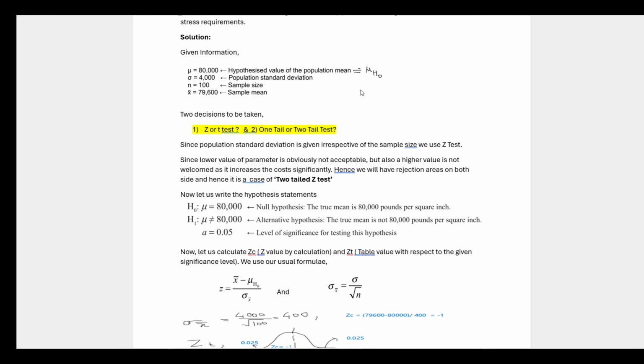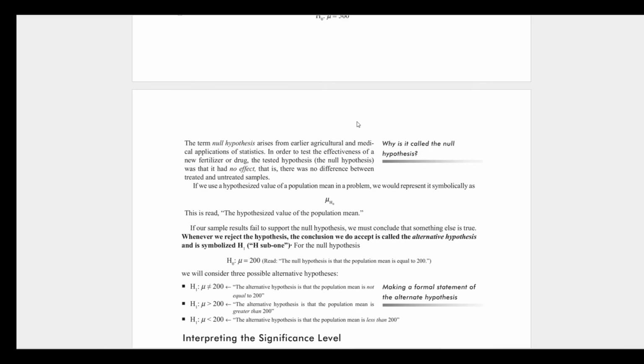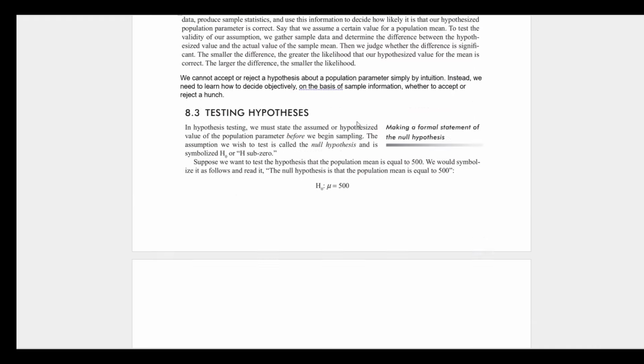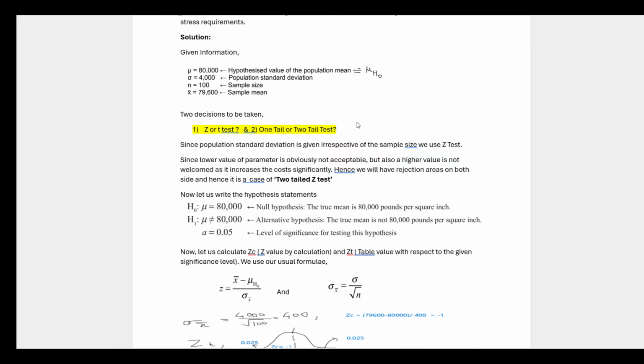Here, since population standard deviation is given, irrespective of sample size, we are going to be using Z test, which we have seen in my last video. There is a table which clearly gives you the comparison, when to use Z test, when to use T test. So that table we are going to be using here.